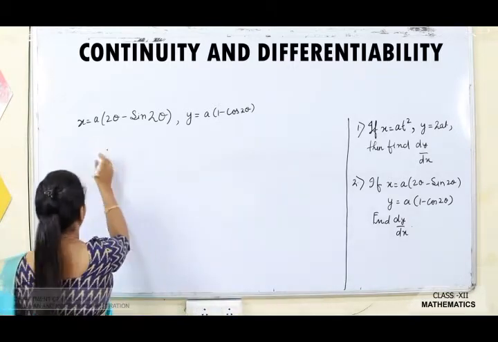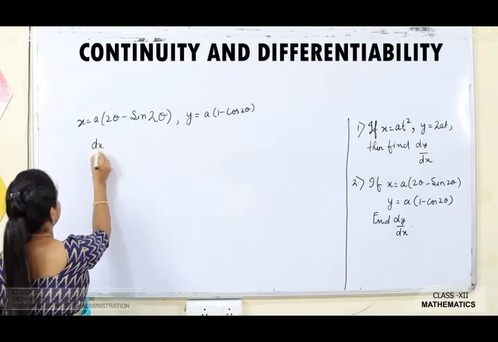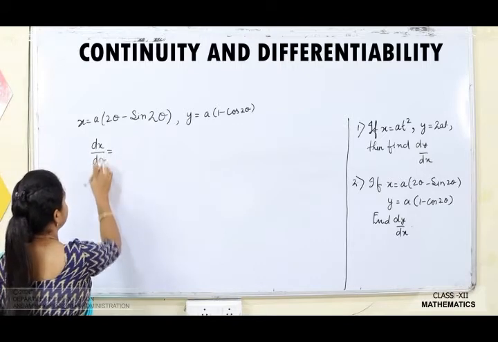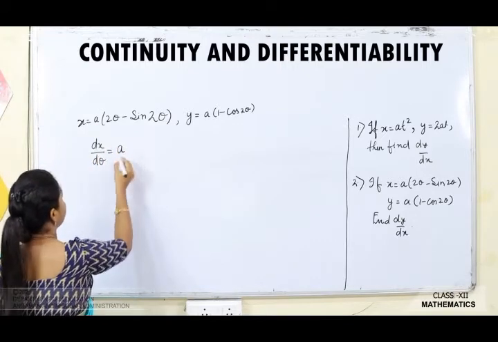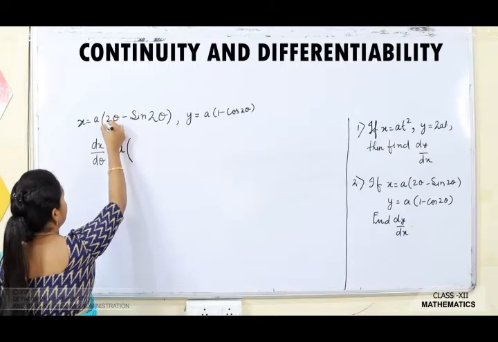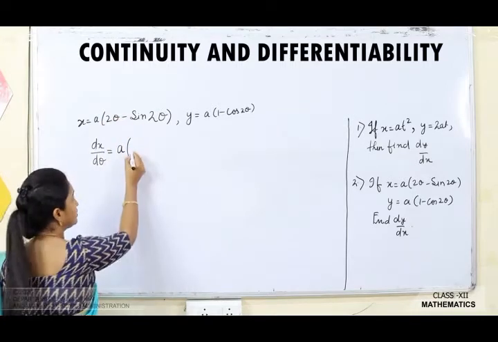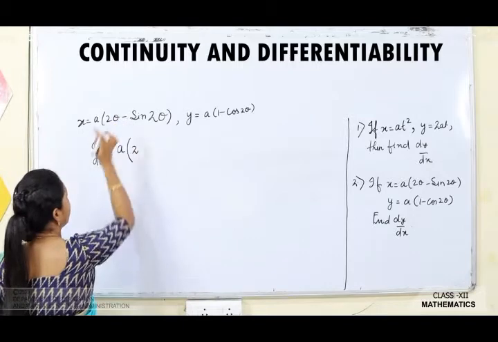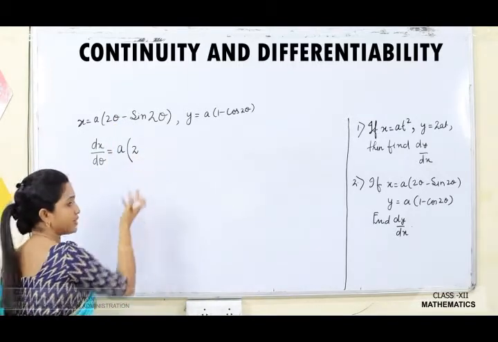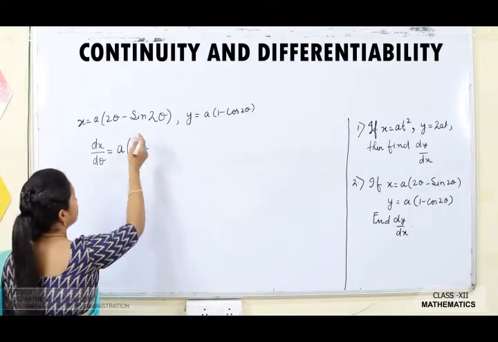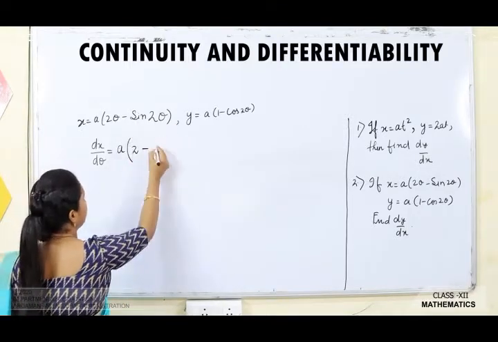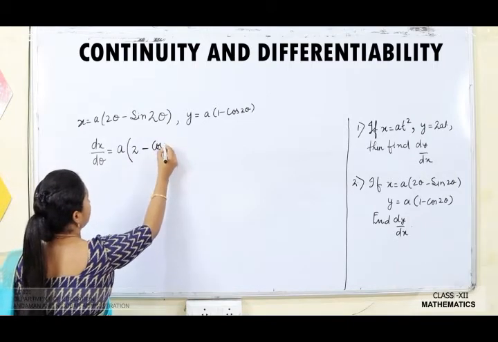So when you differentiate, dx by d theta, that is differentiating this equation with respect to theta, a is constant. When you differentiate this 2 theta term, 2 is constant and the derivative of theta is 1. So I am not writing 1 here, because 2 into 1 is 2, minus the derivative of sin 2 theta.